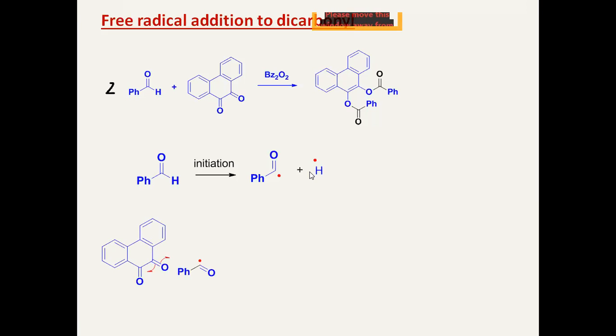These free radicals interact with the other precursors. You can see here, addition to the double bond takes place. This breakage takes place, this oxygen joins in the form of an ester, and that radical is generated here.